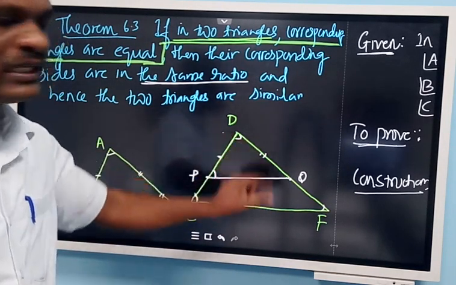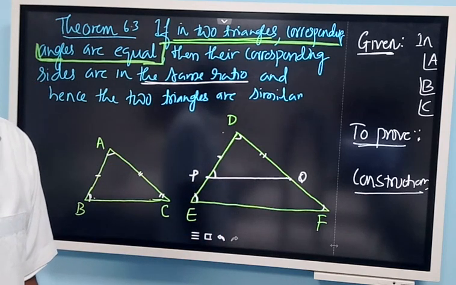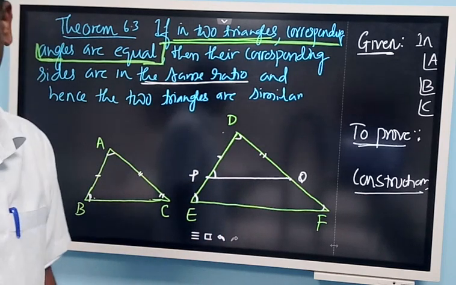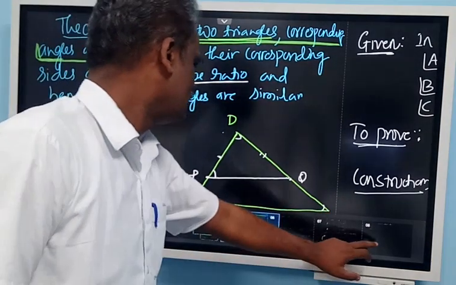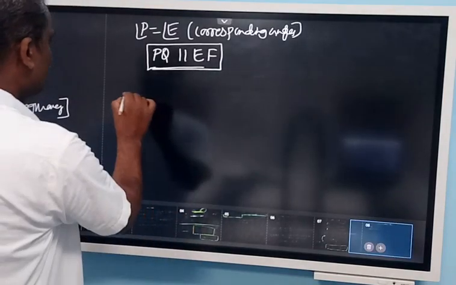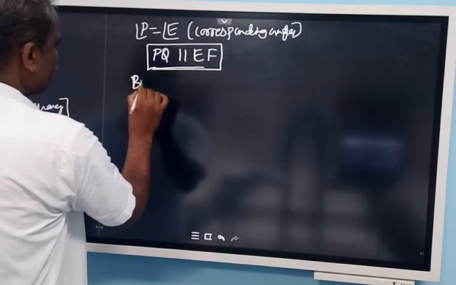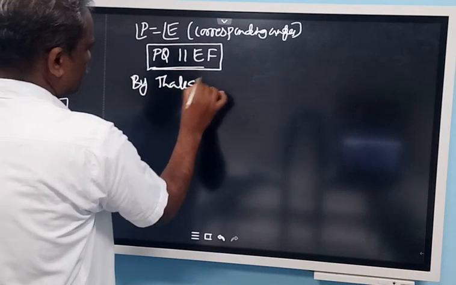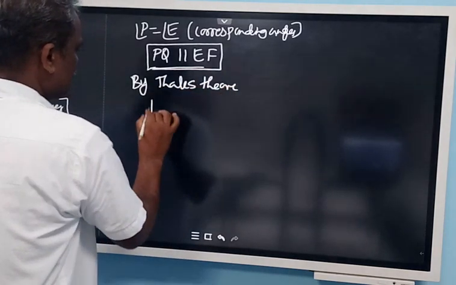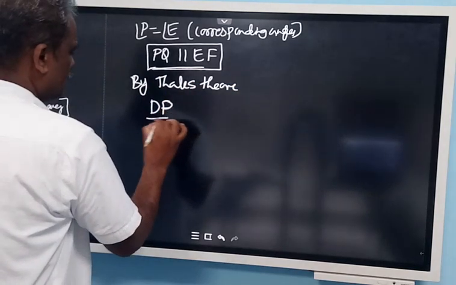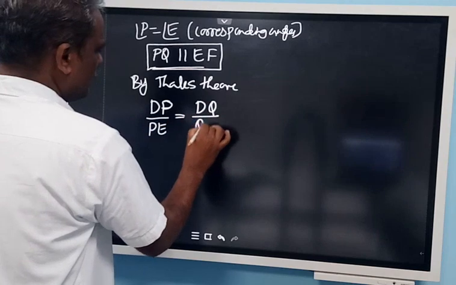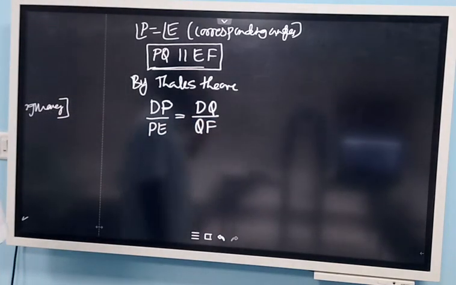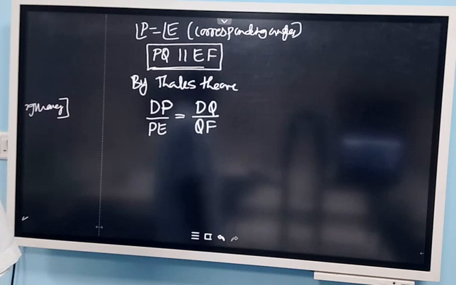DP by PE is equal to DQ by QF. Isn't it? DP by PE is equal to DQ by QF.